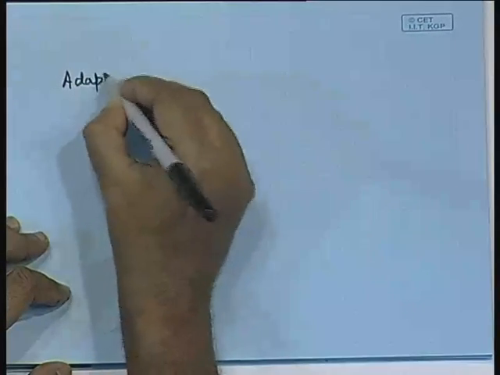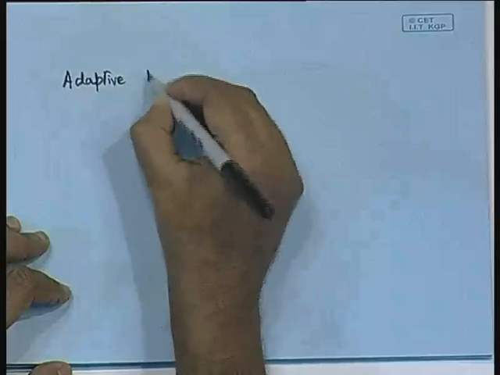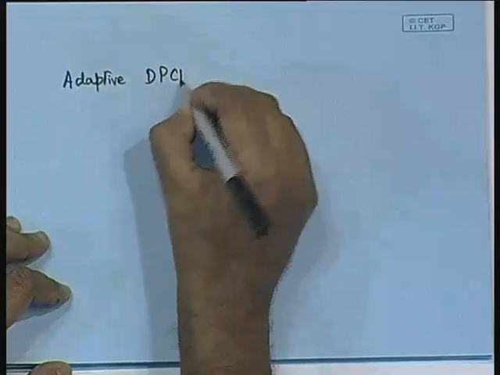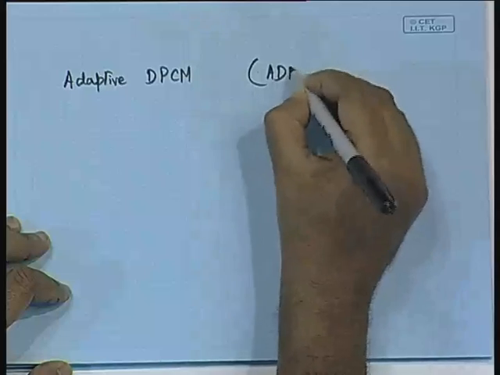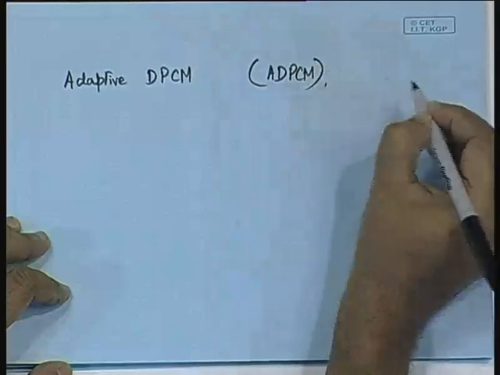So that is why instead of preferring the normal DPCM, one goes in for the adaptive DPCM. Adaptive differential pulse code modulation, or adaptive DPCM, which in short form is referred to as ADPCM.